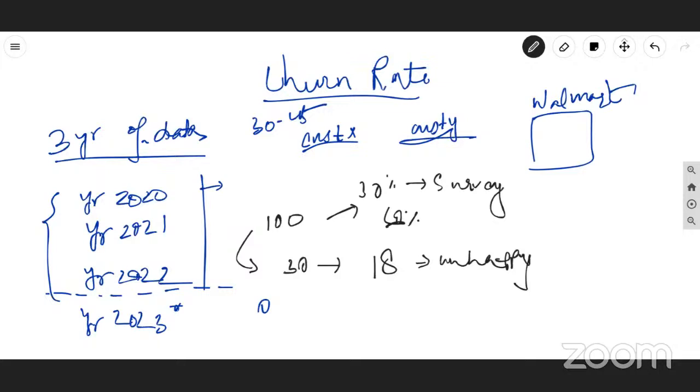In that 30%, 60% of the people who fill the survey are extremely dissatisfied, suffering from some sort of anger or some sort of challenges, and because of that they're giving more negative feedback on the service. Very rarely will you get to hear a positive survey in a real-time situation.